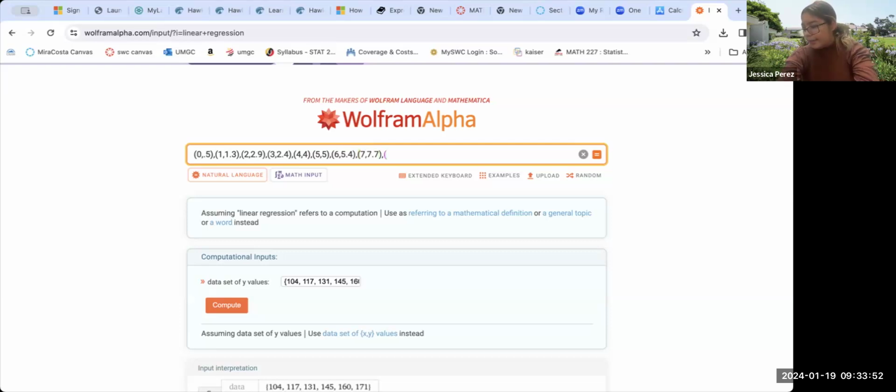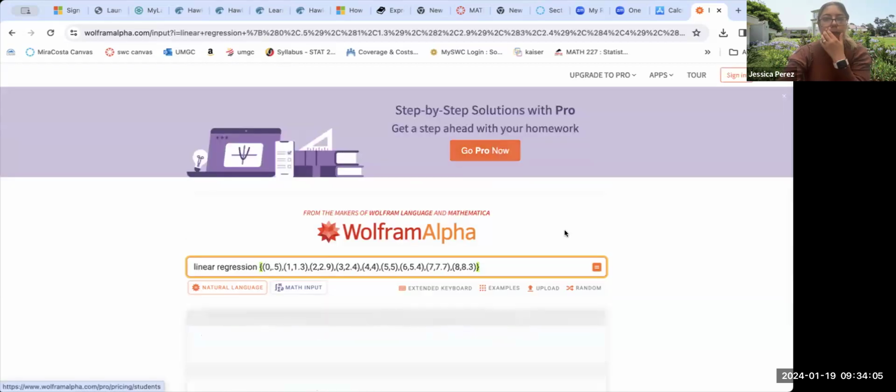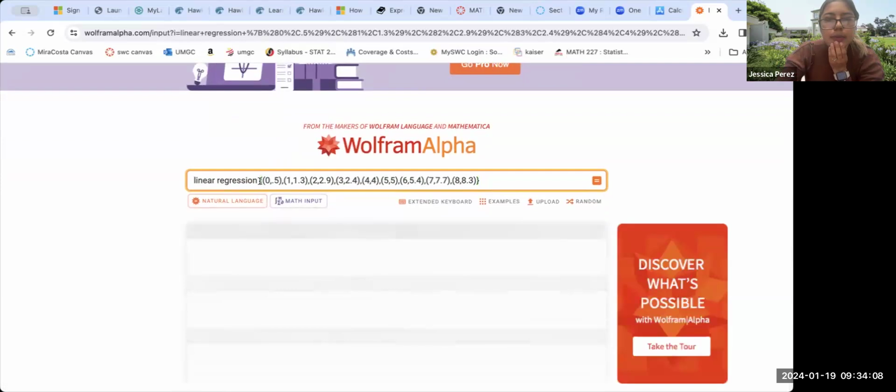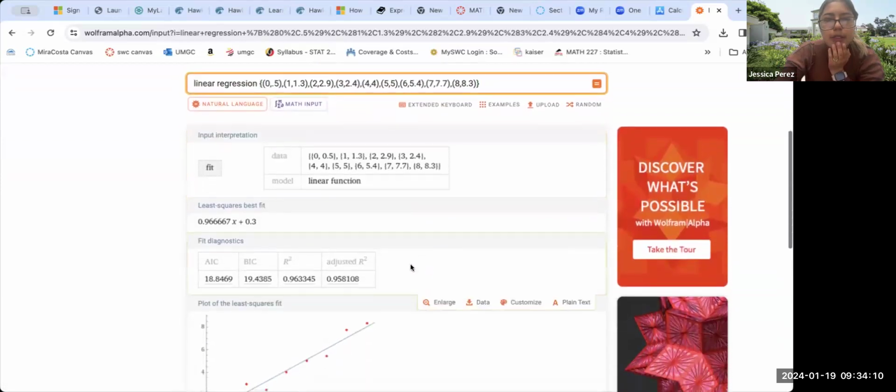And then 8, comma, 8.3, close. I want a linear regression using these points, and then I close it. I specified what I wanted it to do.